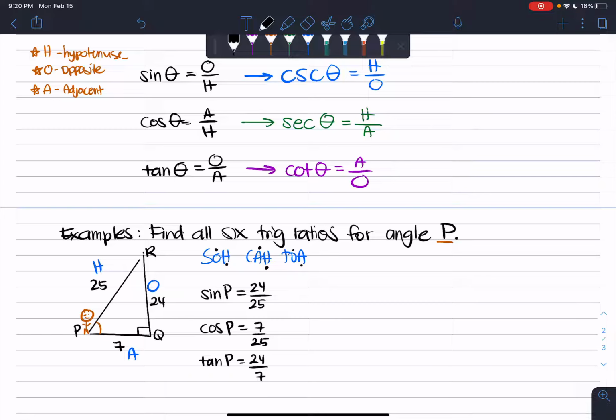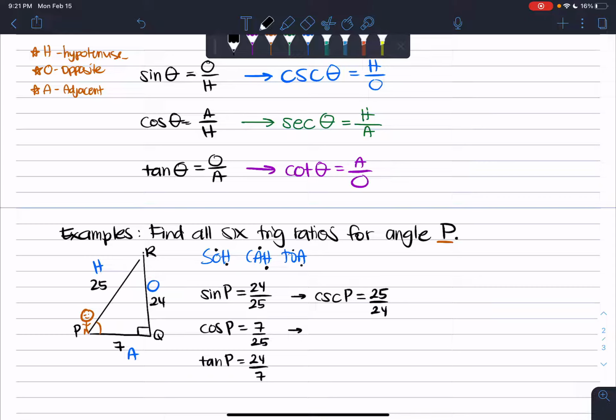Knowing that the reciprocal of sine is cosecant, we could say the cosecant of P is equal to, flip this fraction here, it's going to be equal to 25 over 24. Okay, now let's look at secant.